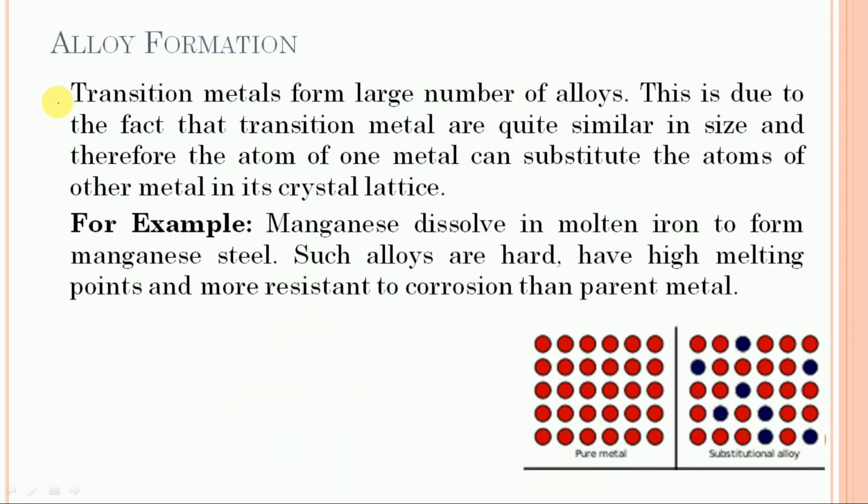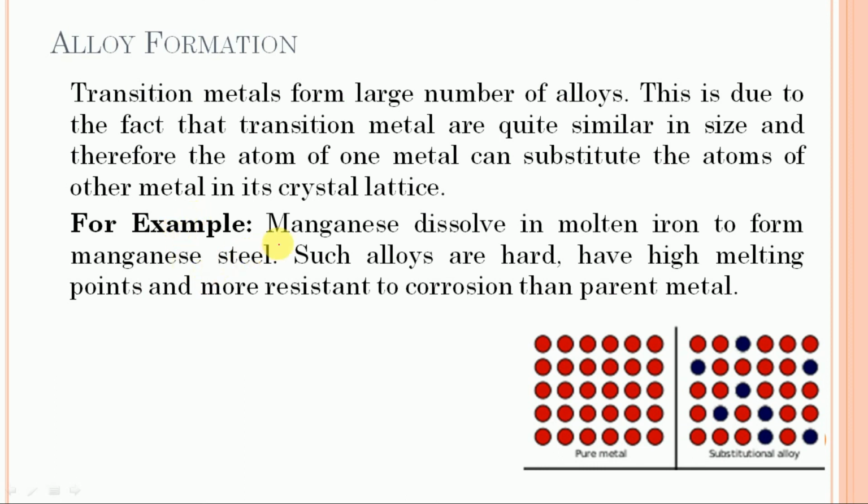Alloy formation. The transition metals form a large number of alloys. This is due to the fact that transition metals are quite similar in size, and therefore the atom of one metal can substitute for the atom of another metal in its crystal lattice. Thus on cooling a mixture of solutions of two or more transition metals, a solid alloy is formed.